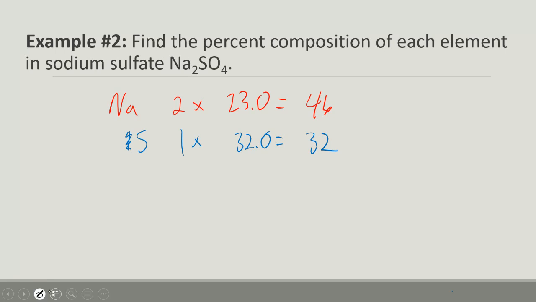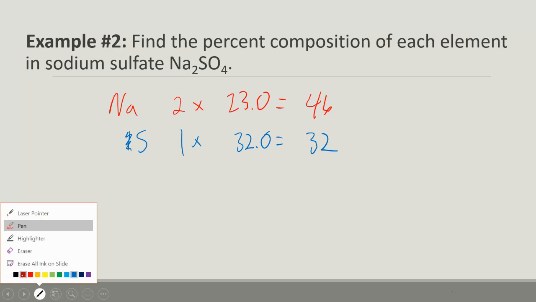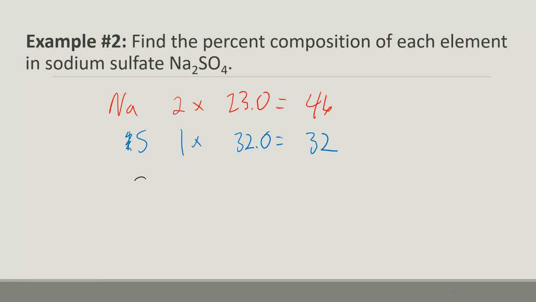And then we're going to have 4 atoms of oxygen, which with hindsight should have been red, but that's all right. Each one of those weighs 16. So that's 64. And then we're going to add all those up. So it's 142 as our grand total.